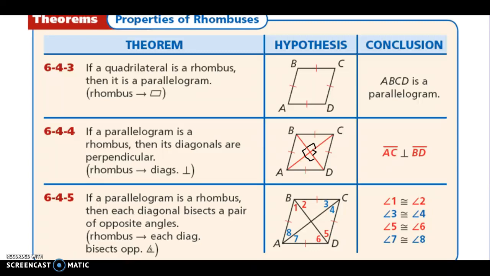And another special one for rhombuses is that each diagonal bisects a pair of opposite angles. So these 2 are congruent to each other. So the same angle? Yep, so our diagonal that goes across makes 2 congruent, so they bisect.